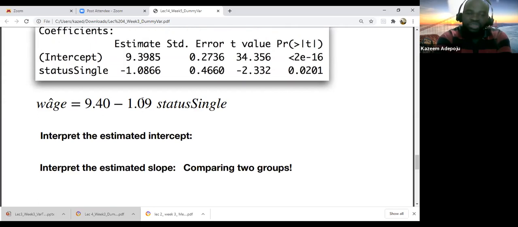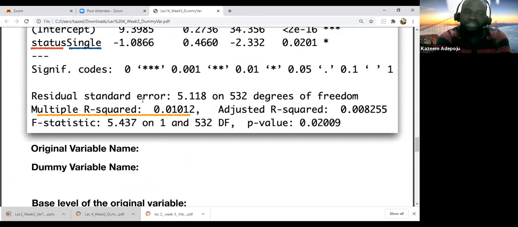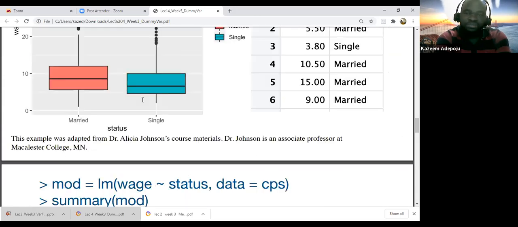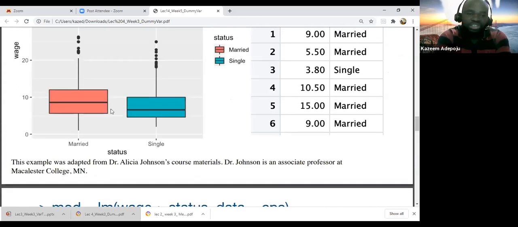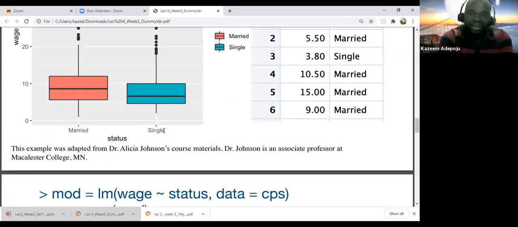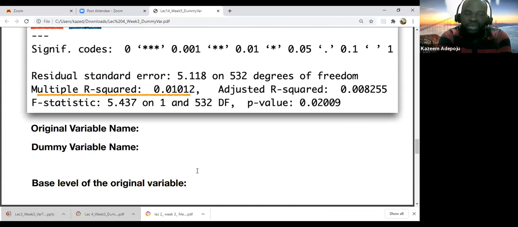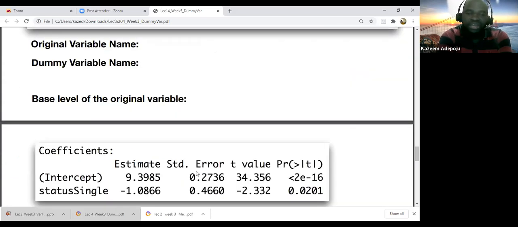And the preliminary investigation that we have done right here has justified that. Look at the box plot. This box plot has already shown us that the median wage of the married is higher than the median wage of the single. That is in conformity with the model, the result that we have here right now.